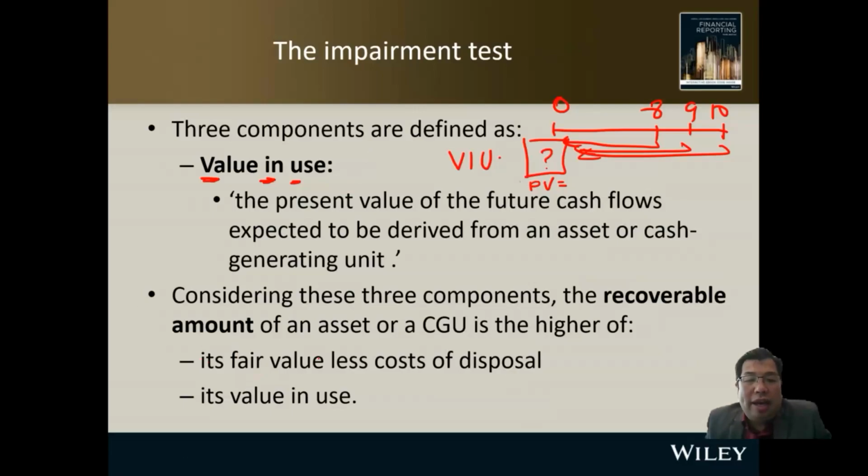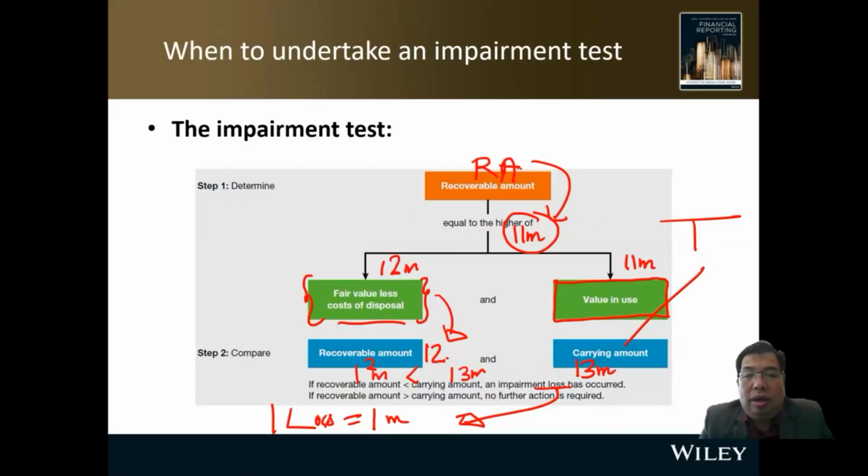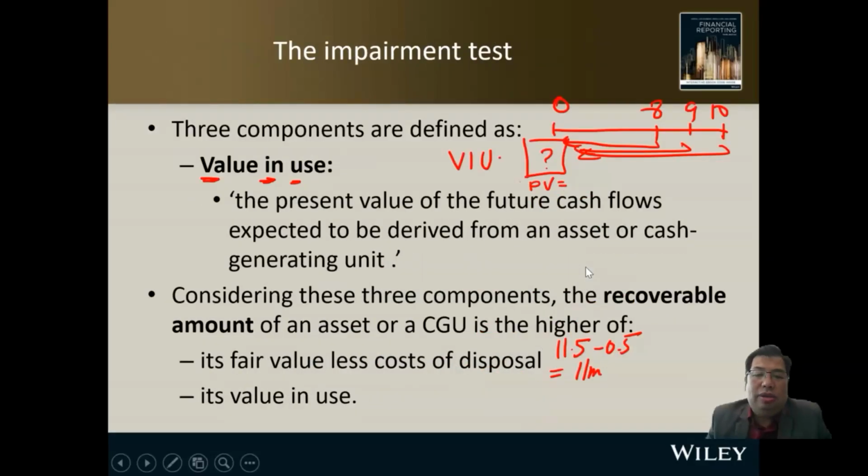So for fair value less cost of disposal, for example, this one is 11.5 minus 0.5. So this gives you 11 million. And the value in use, this might be 12 million. The value in use is 12 million based on present value.